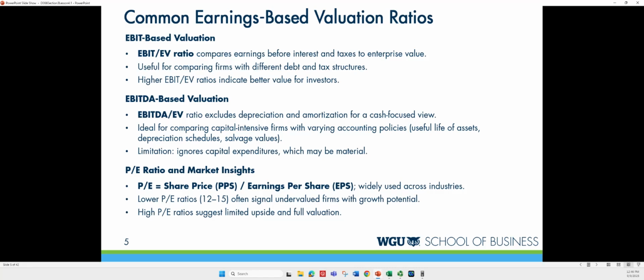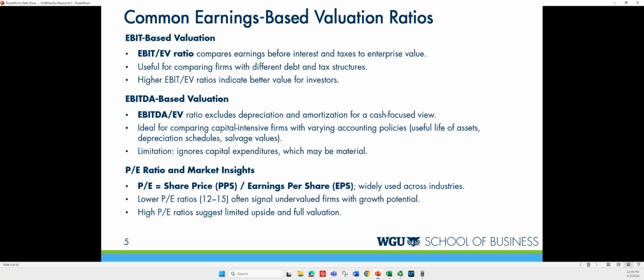Because remember, depreciation and amortization, they are real costs of doing business. They represent the wear, tear, and usage of our fixed assets, but they don't represent cash outlays. So if we include those in our valuation, it can understate the firm's cash position.